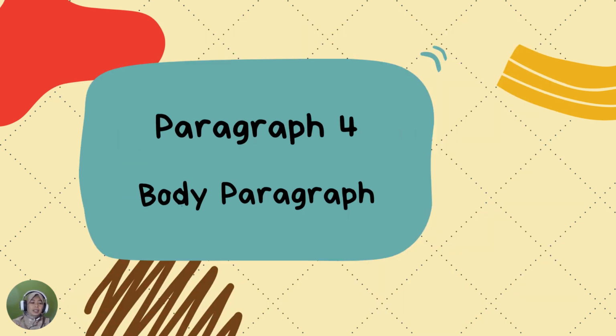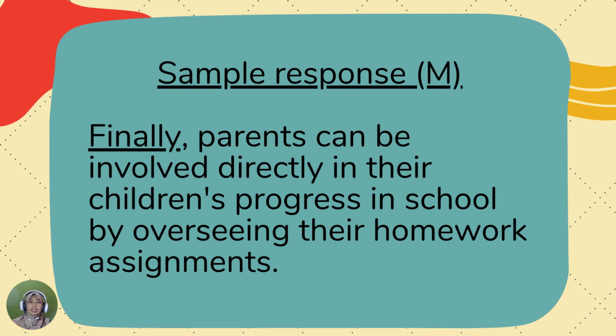Another point, another argument, the last one. Firstly, secondly, now finally. Firstly, secondly, lastly. Finally, parents can be involved directly in their children's progress in school by overseeing their homework assignments.